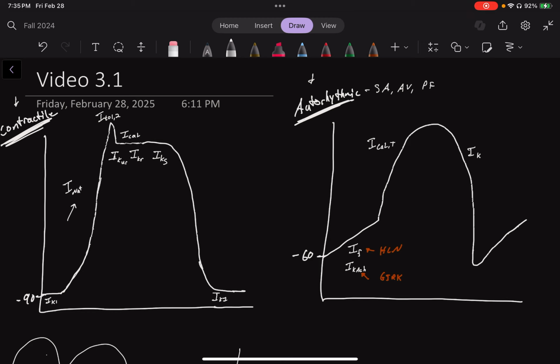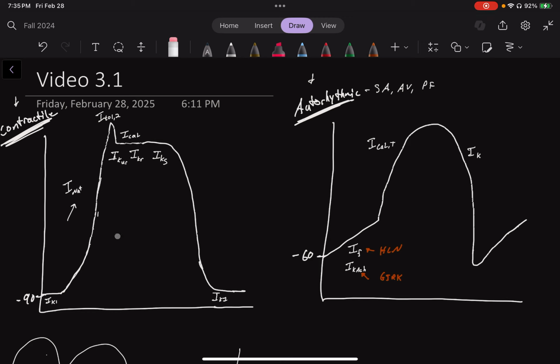Throughout this period, the voltage-gated calcium channels are also being opened, but it takes a lot longer for them to actually open, so you don't see them contribute to current until right here at the plateau phase.